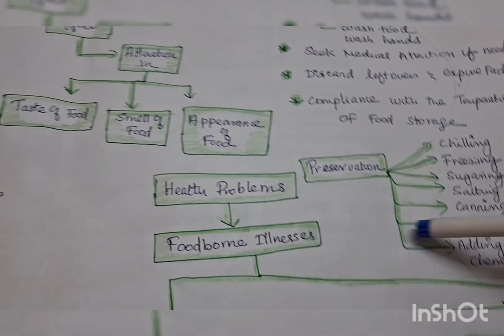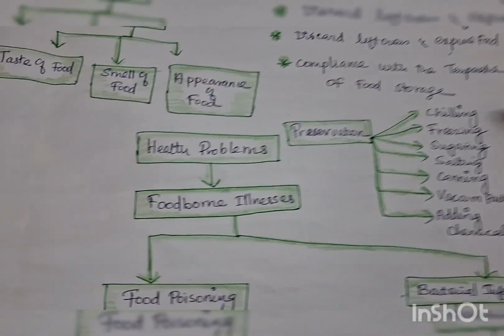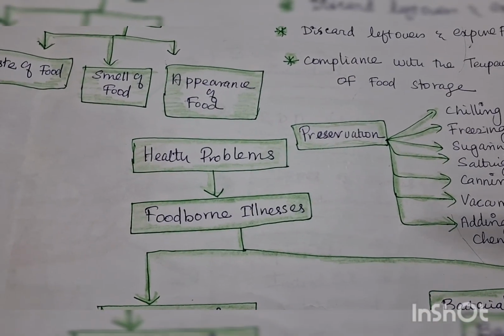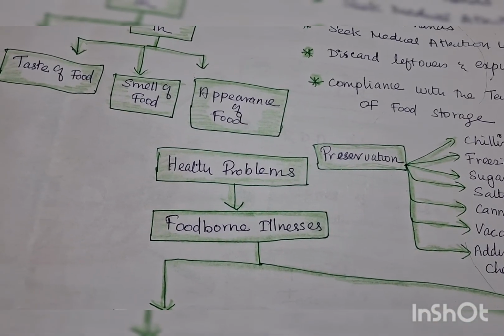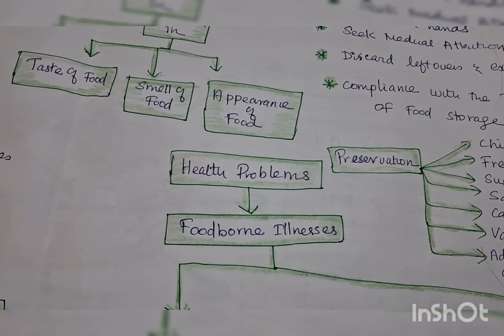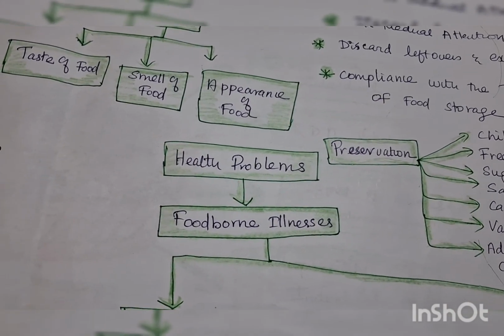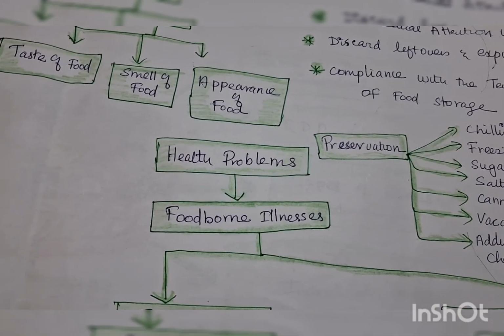The other prevention is the preservation technique. In mango season, I have seen many people make unripe mango into pickle. Sometimes ripened mango is made into a chilled, juicy form, and then freezing, sugaring, salting, canning, vacuum packing, adding chemicals.